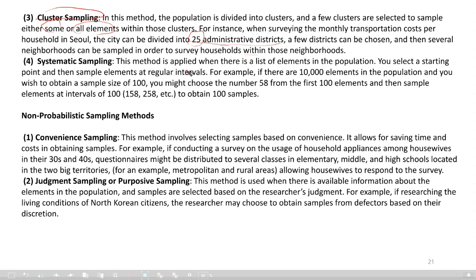And four, systematic sampling. This method is applied when there is a list of elements in the population. You select a starting point and then sample elements at regular intervals.